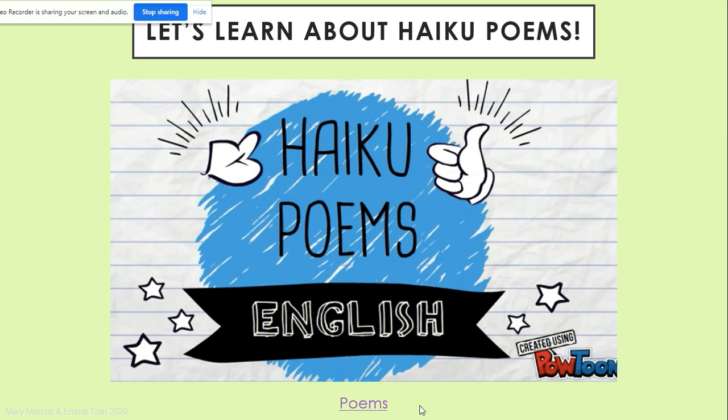That means the way it's written is the same every time we see this poem. And it has 3 lines in it. The first line has 5 syllables, the second line has 7 syllables, and the last line has another 5 syllables. And the words in the lines don't have to rhyme this time.